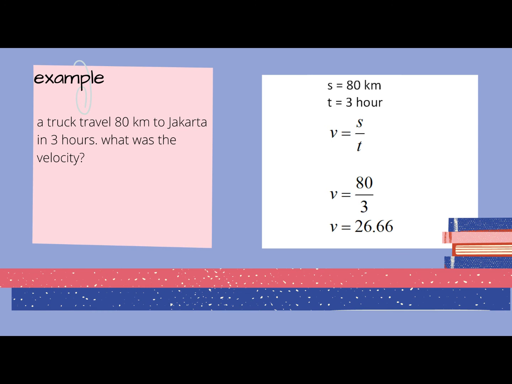This is V equals S over T, and then you enter the values into the formula, and then you can calculate and you'll get the result.